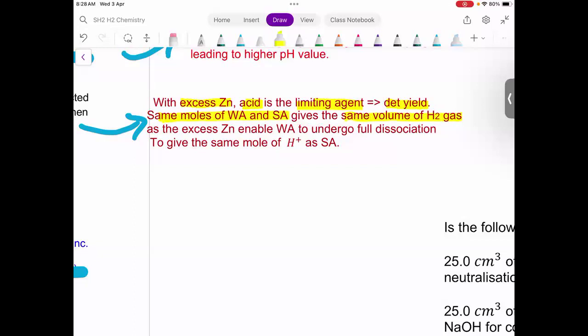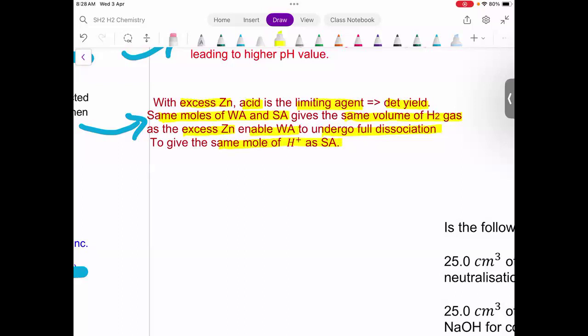Why same volume? Because we recognize that excess zinc enables your weak acid to undergo full dissociation, and it will give the same mole of H plus as strong acid. So despite the acid strength, they will go to full dissociation when there's a reaction.